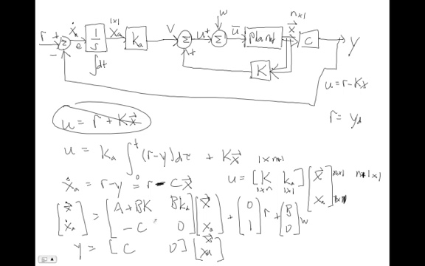So this idea of controllability is maintained, and we can make this have any eigenvalues we want. And what we're going to do is make it have nice, stable eigenvalues with good time responses that we want.